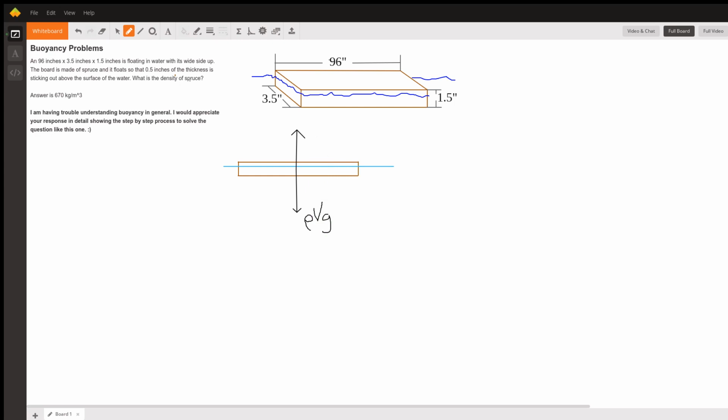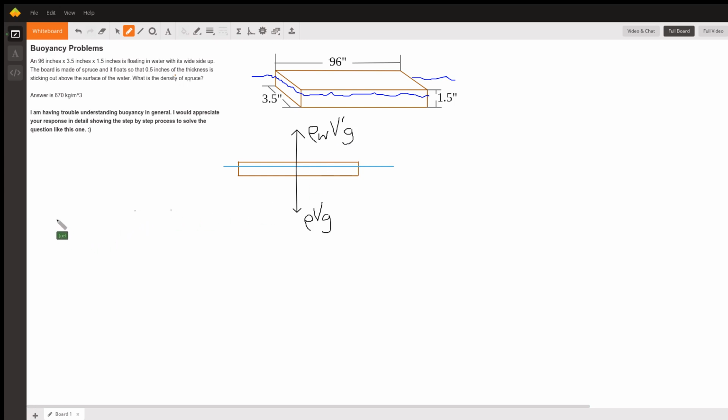And then the idea of Archimedes' principle says that the buoyant force is equal to the weight of the water displaced. So in other words, we're going to have the density of water right here, the volume that's displaced, so the volume of the board that's actually underwater, and then again, the acceleration due to gravity. As I said, because this is an equilibrium, these two things are equal.